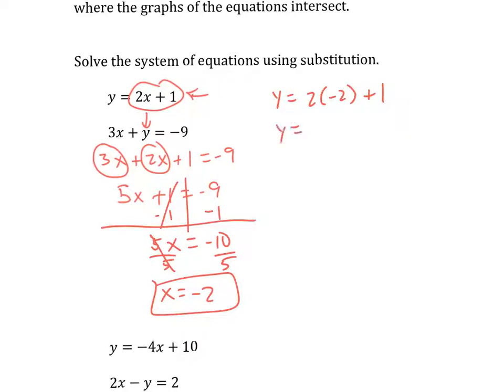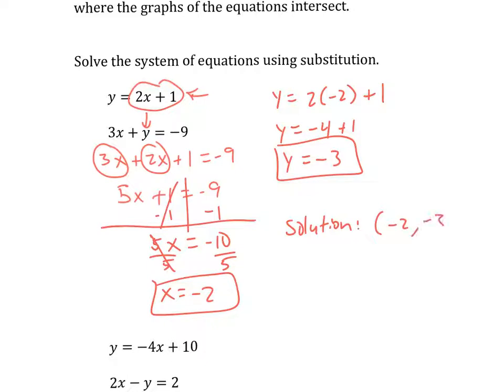So y is going to be equal to 2 times negative 2, which is negative 4, plus 1. So y is going to be equal to negative 3. And then our solution as an ordered pair is going to be negative 2, negative 3. Okay, so that is the point where these graphs would cross if we were to graph these two equations.